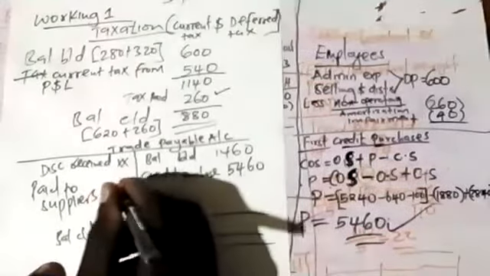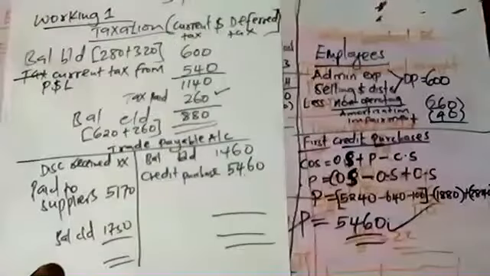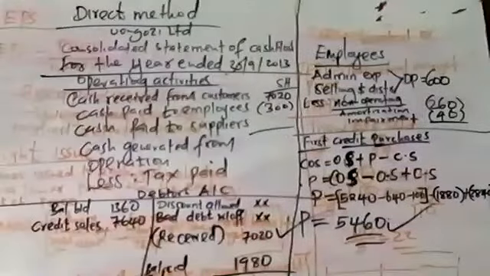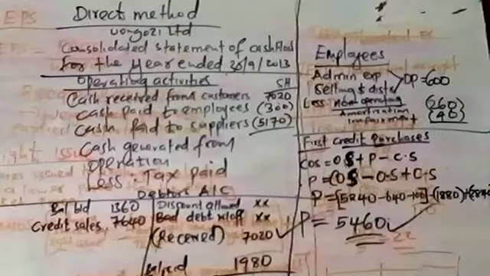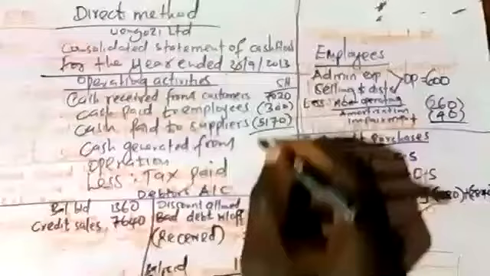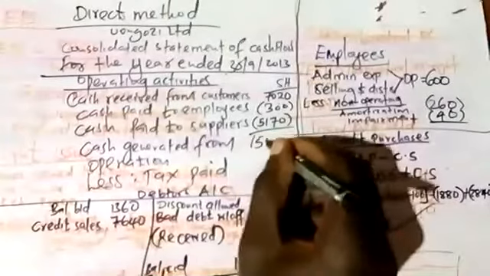So subtract that here: 7020 minus 300 minus 5170. We are getting 1550.